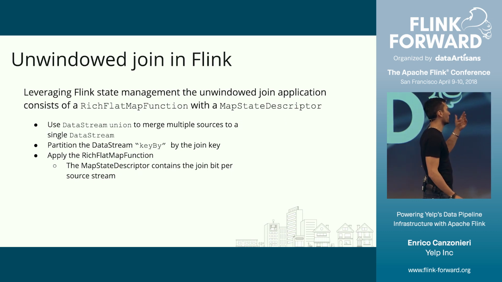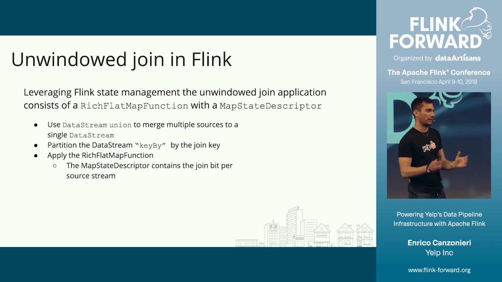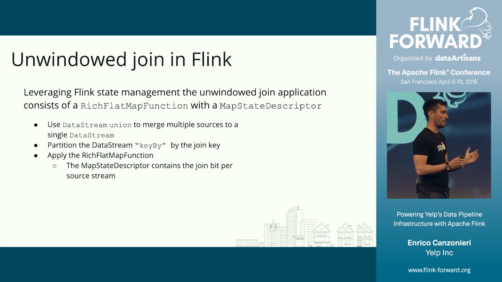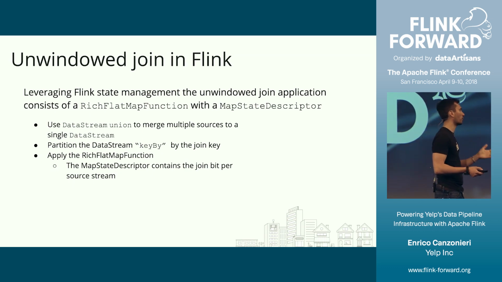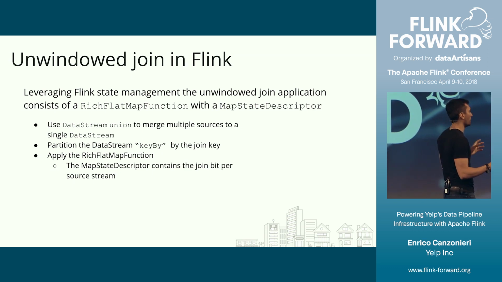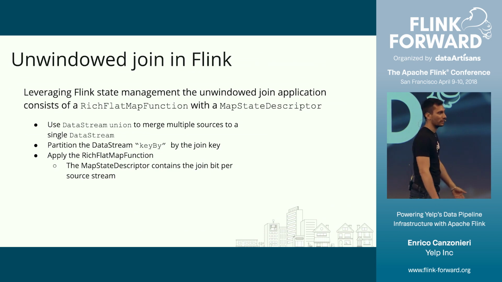And now we can use a rich flat map function with a map state to store in the map state. The key will be the incoming component of the join, and the value will be the value for that component of the join. Once in the map, you have all the components, the value for all the components, you just emit the join message. And obviously, state management is already provided by Flink itself.